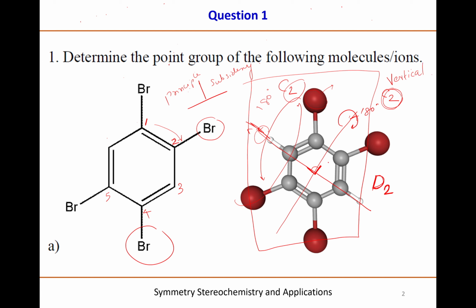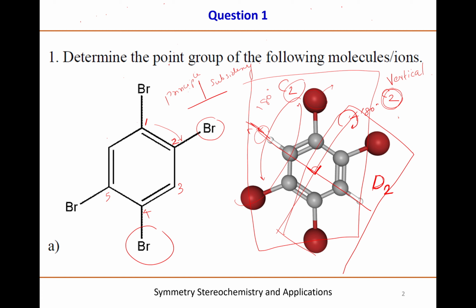And if we pass the plane this way, right? This is also a plane, but it is perpendicular to the principal axis.